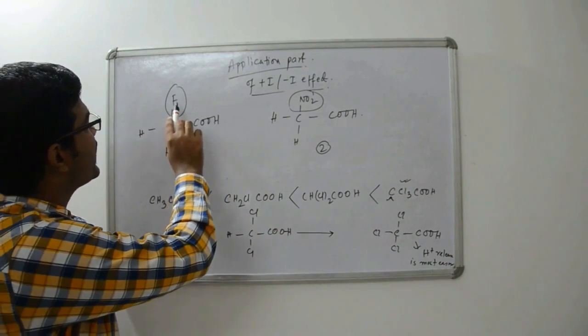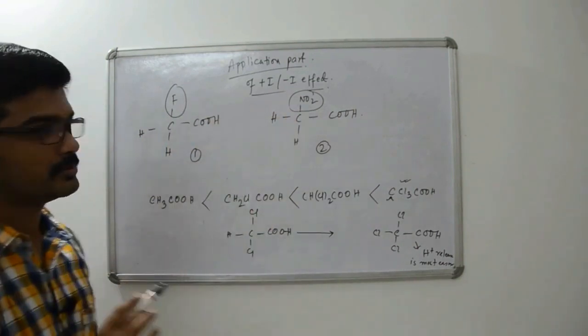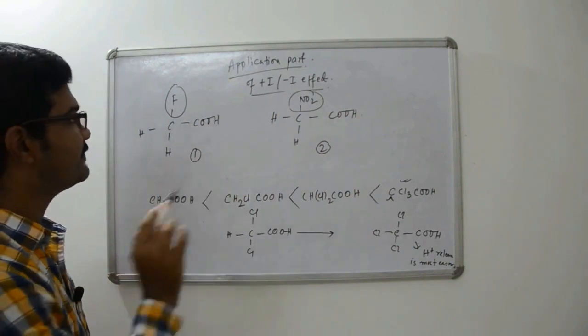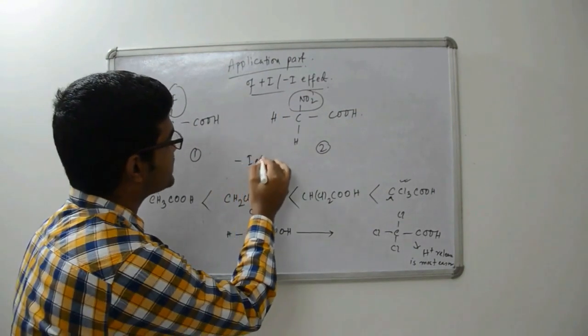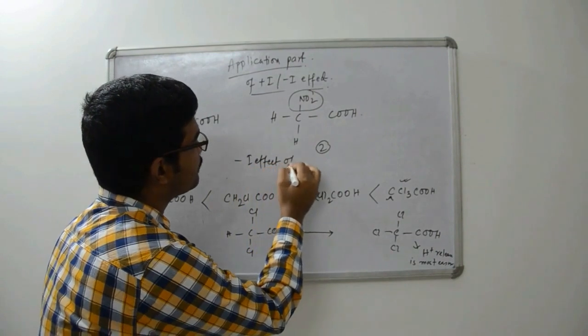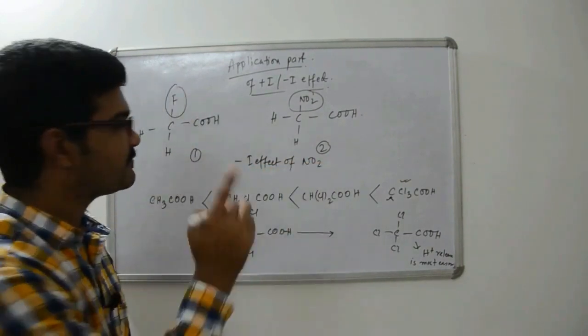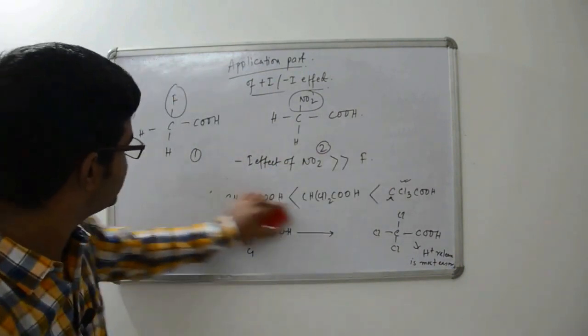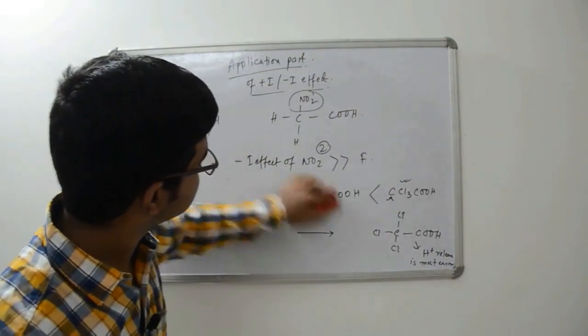Now if we look at fluorine and NO2, from the trend of minus I effects, we have noticed that the minus I effect of NO2 is far greater than F, right?